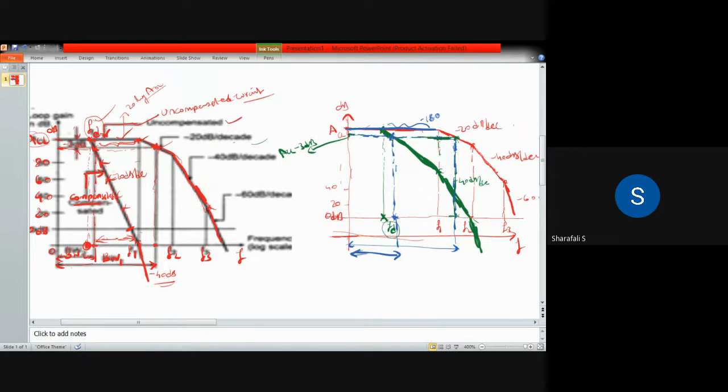So in the uncompensated case, we cannot do that because you are already having a 180 degree phase shift at this point, and then you are having A beta which is equal to 1 at this point. So then you introduce one compensation network in your circuit, by the dominant pole compensation technique, for example, and that will make one more pole in your system, which means that you are making one more break frequency in your system.